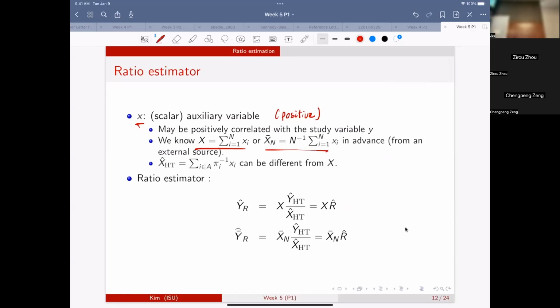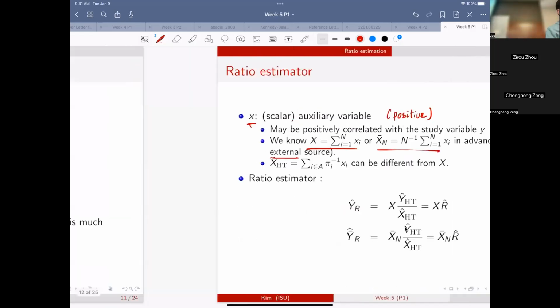When you say external source, it means something other than the sample, right? You cannot really know the population value from the sample, so you have to have some information outside the sample somehow.